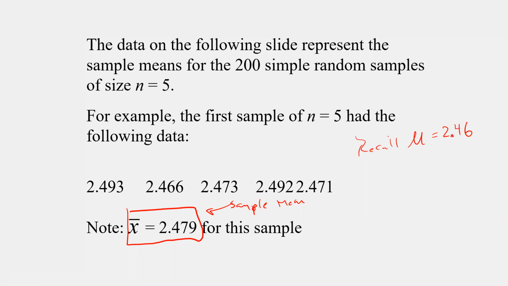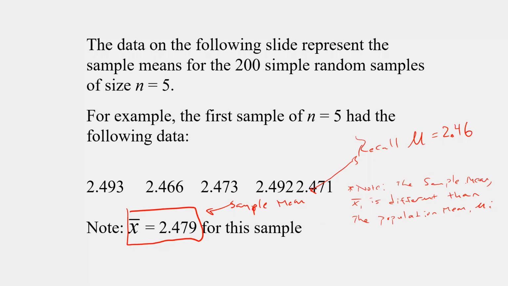Is my sample mean different than the population mean? Yeah, right? So just note here the sample mean, X bar, is different than the population mean mu. Let me ask you this question. Does that make sense? If I'm just taking a sample of just 5 pennies, would it be okay if I got the sample mean to be different than the real population mean?